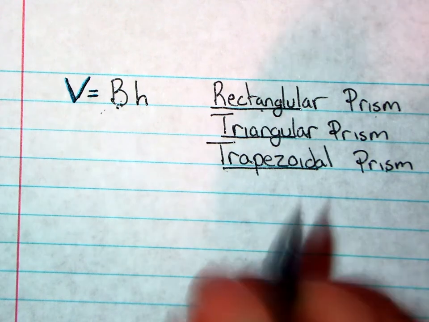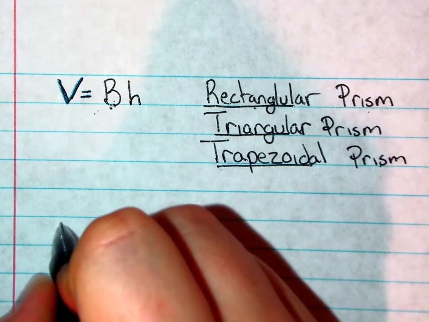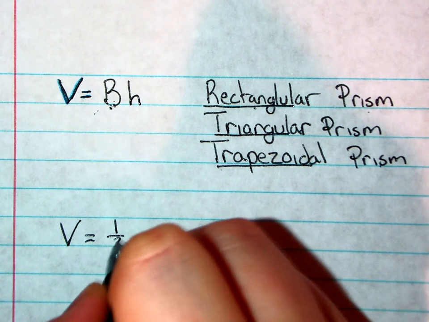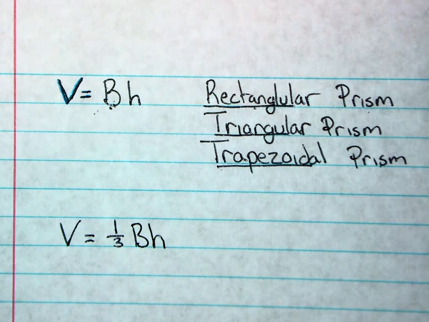The second formula that we utilized in class was the formula V equals 1/3 base times height.